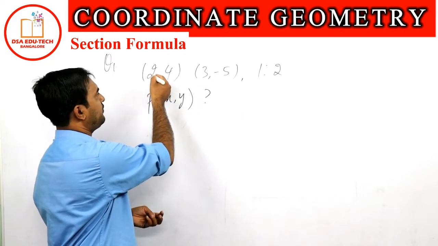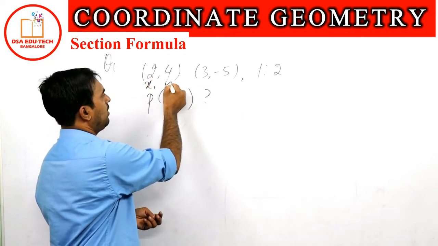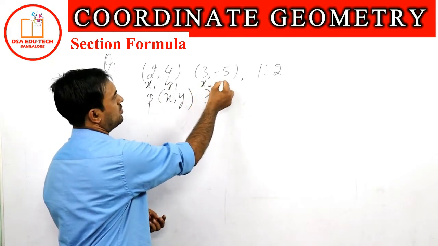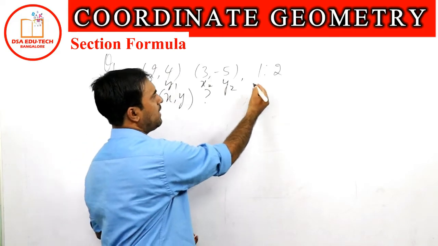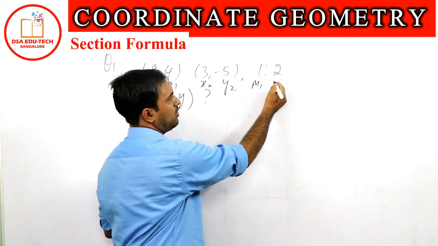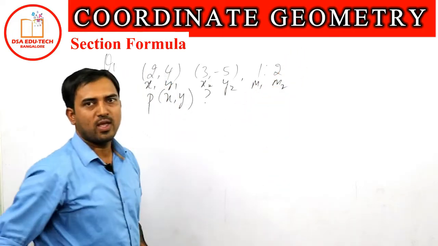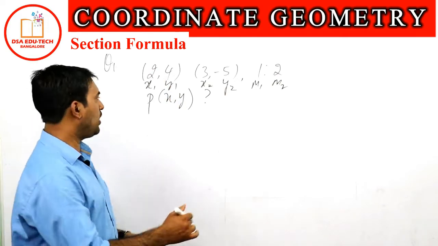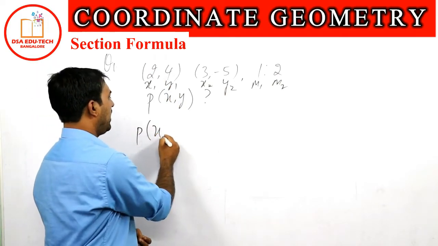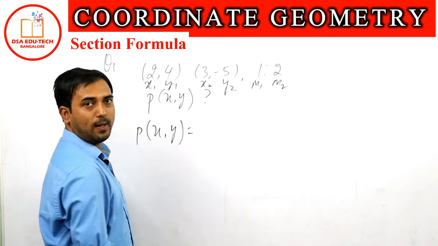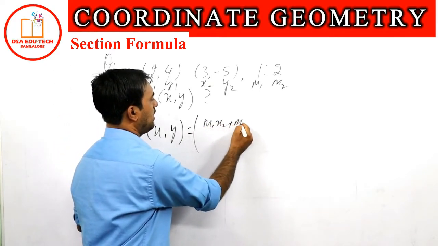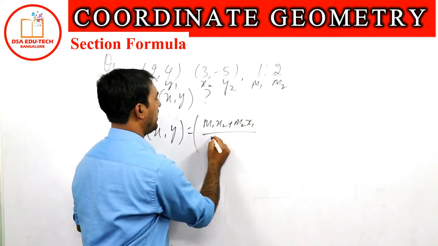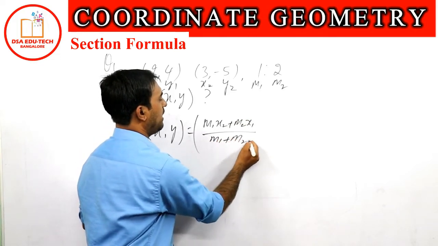Let me label these. The first point is (x1, y1), the second point is (x2, y2), and this is my ratio: m1 is the first ratio and m2 is the second ratio. The formula is P of (x, y) equals (m1 x2 plus m2 x1) divided by (m1 plus m2).